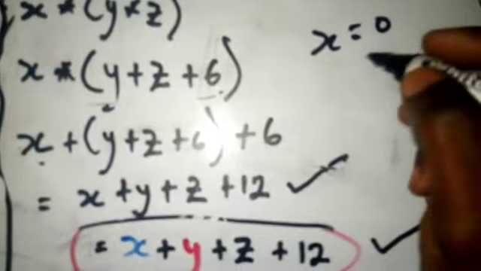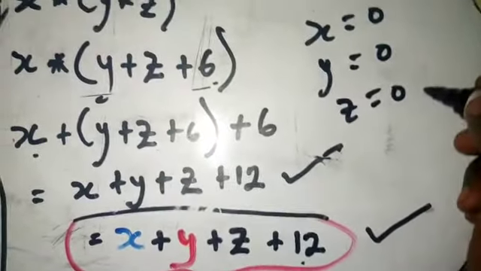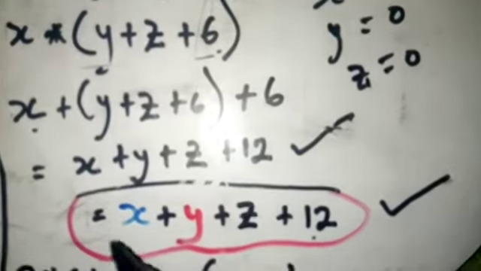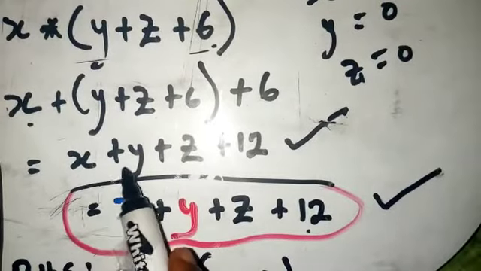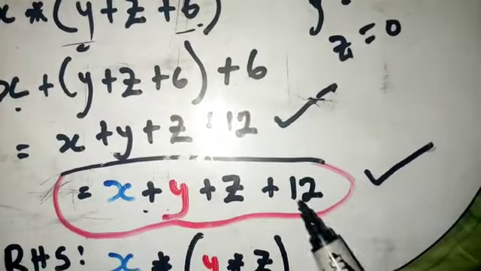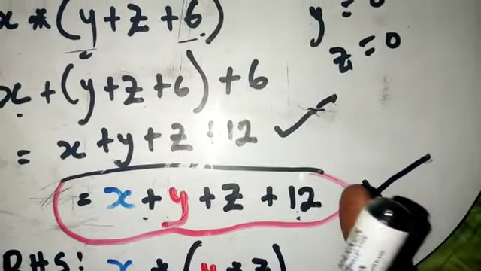As I said earlier, I'm very lazy, so y is equal to 0, and then z is equal to 0, right? Let's say the three of them had 0, 0, 0. So just put the 0 in here. You can see that when I replace everything by 0, I'll get 12, and then here too, the same thing, I'll get 12. So test it out. So the operation is what? Associative. Is that okay?